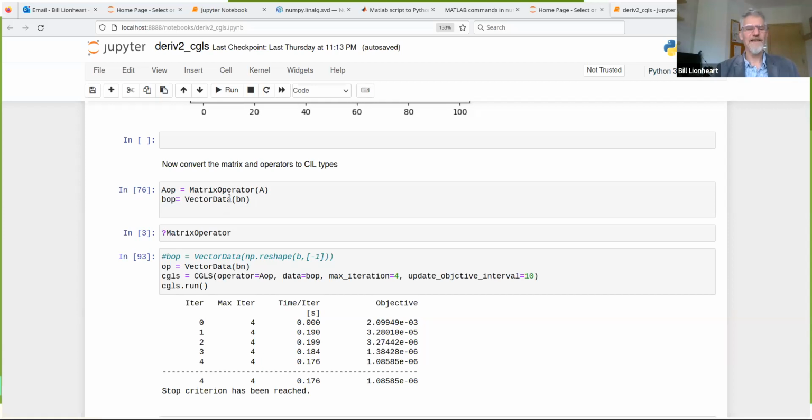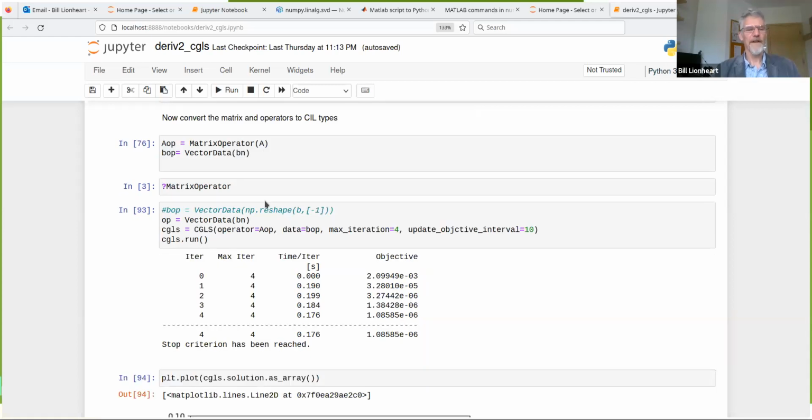But actually, this matrix operator, all it does is store the matrix and multiply it. And then I've got to make a vector data out of Bn, which was, of course, the thing with the noise. So I'd better execute that.